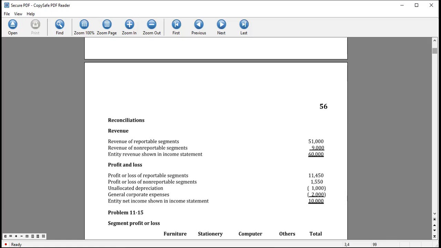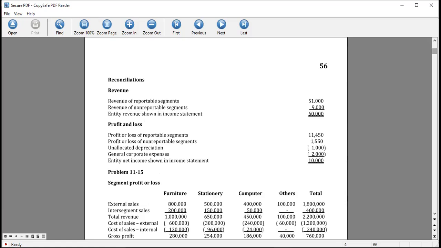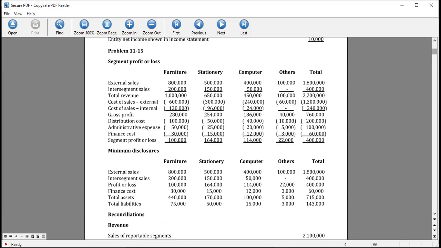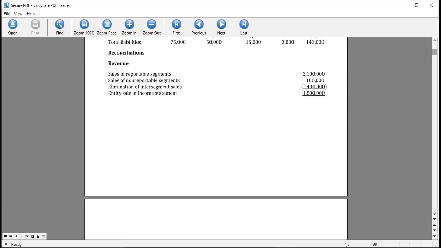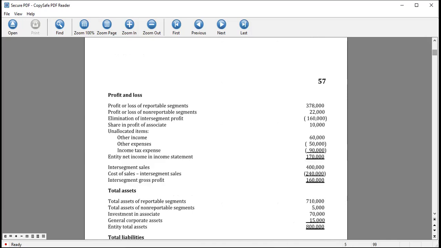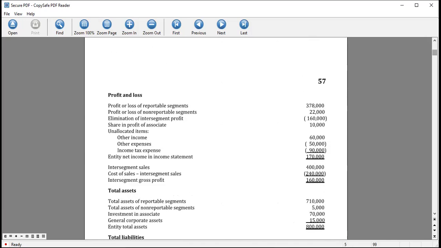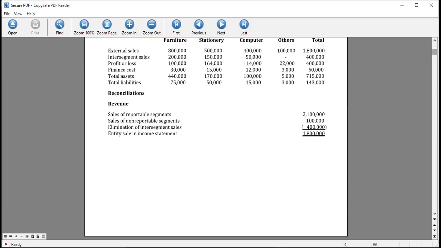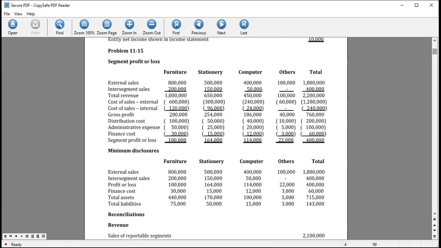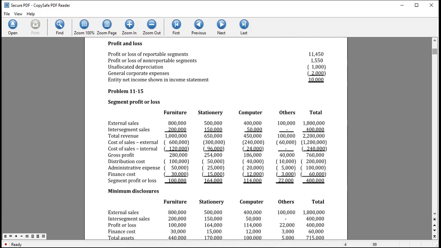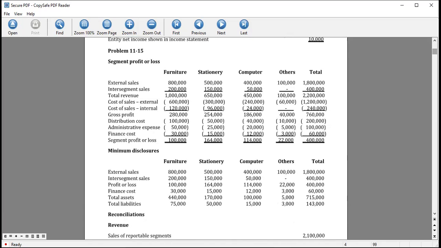Okay, so we have still the other problem. We have problem 15, which is so far a very long problem. So let's take this up. So by Thursday we will only involve your assignment. Determine the profit or loss for all the operating segments.